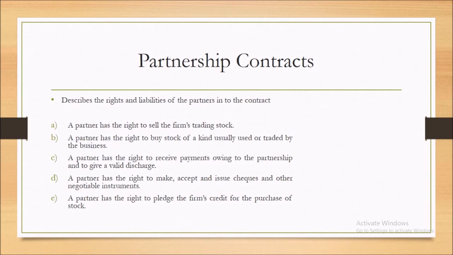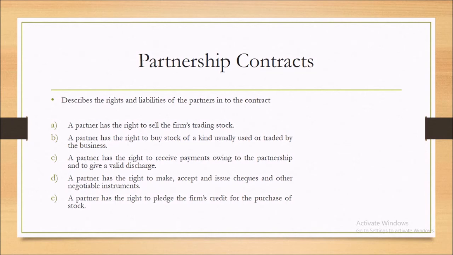And then a partner has a right to receive the payment owing to the partnership and to give a valid discharge, right? If you look at the discharge of the contract and the performance of the contract, you can remember. On behalf of the partnership, a partner has the right to receive the payment, and also the right to make the payment, like make, accept and issue the checks for the negotiable and other instruments for the payments.